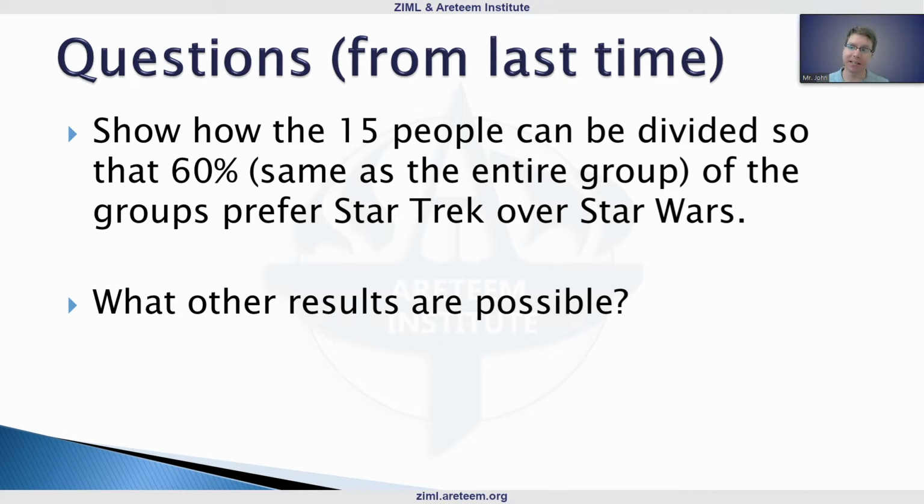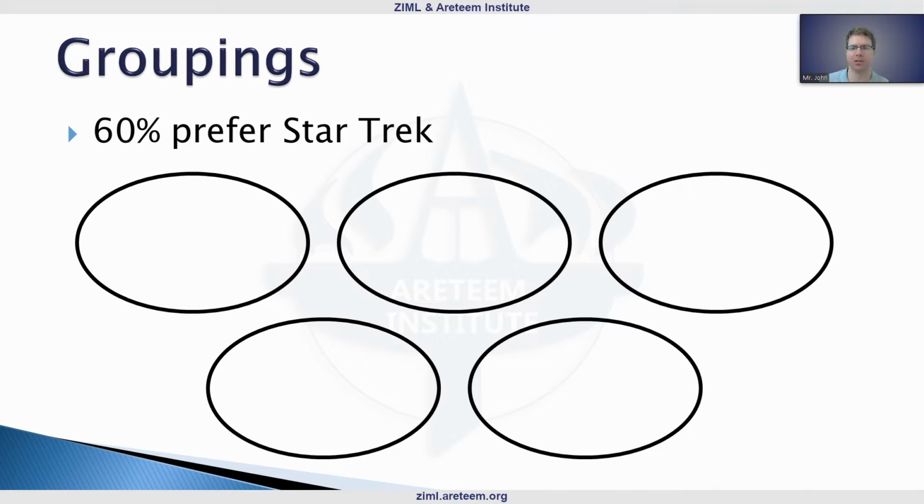We can divide the groups so that 60% of the groups prefer Star Trek over Star Wars, but we'll show that other results are possible as well. If you haven't thought about this, pause the video and try it quickly. Let's take a look at a few of these examples.